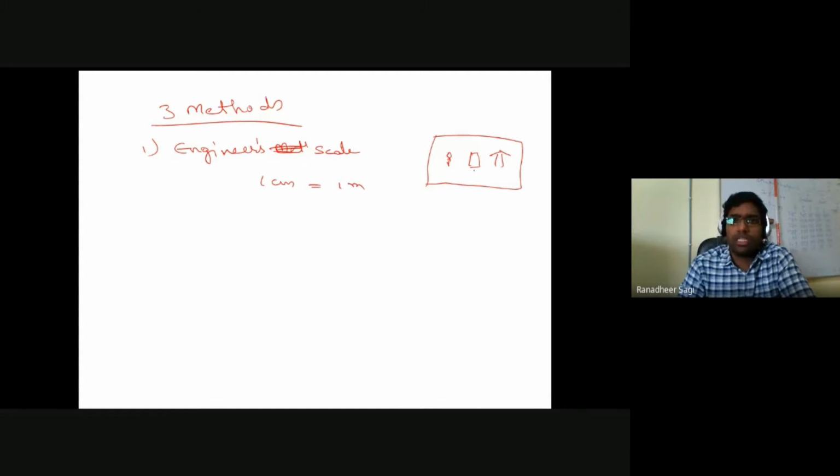Whatever I see in the field, if I am trying to transfer onto a graphical representation, on a sheet, which is a plan or a map, I try to adopt some scale.